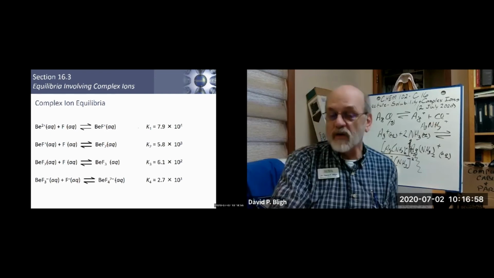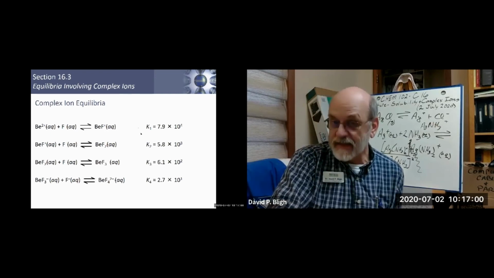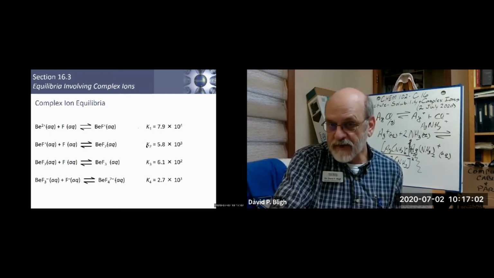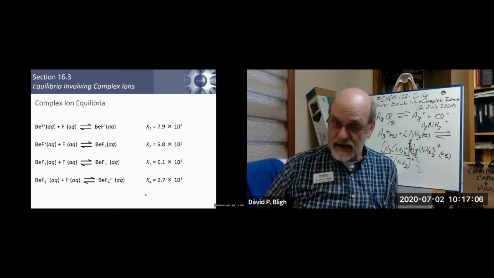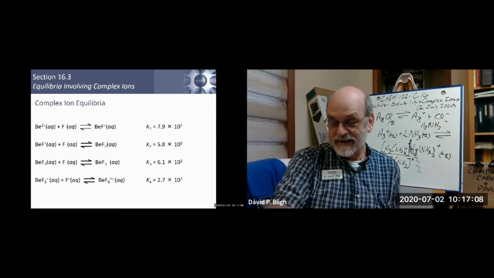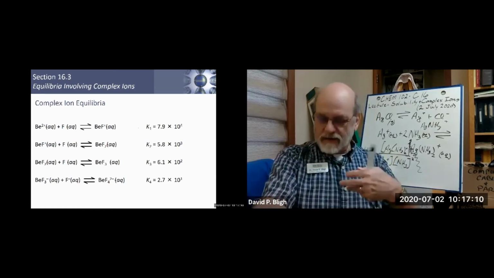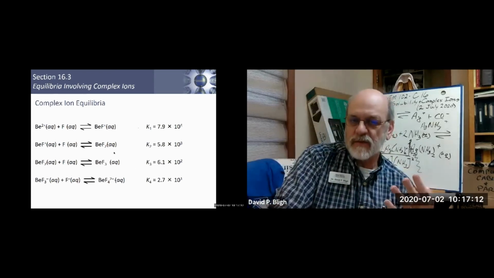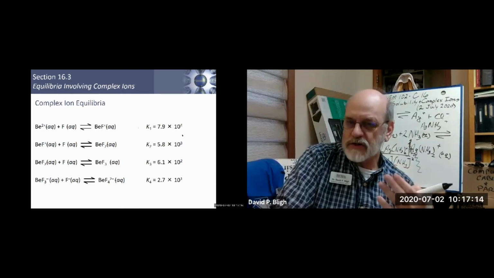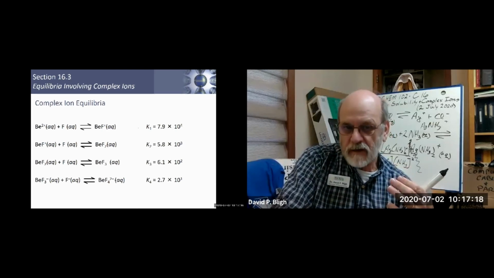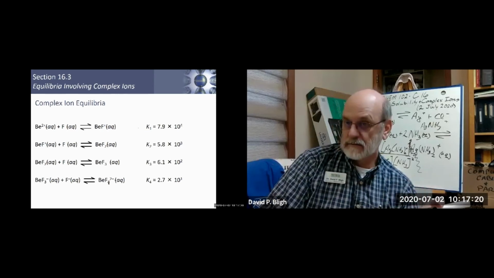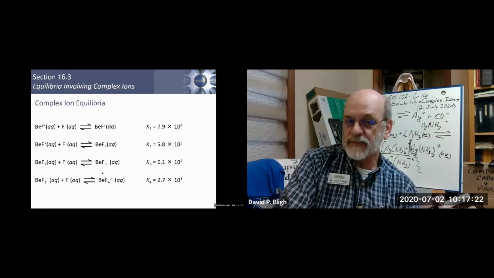Well, when you combine equations, you multiply the Ks. So this one times that one times that one times that one, which gives you a huge K value. So the whole point of that argument is when you have large Ks at each step, you end up basically from here down to here, and these are just steps in the mechanism.